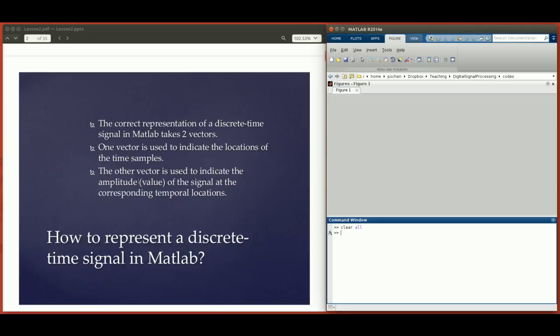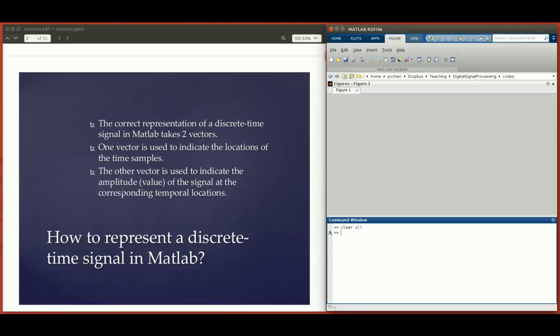And the other vector is basically used to represent the amplitude. So the amplitude of the signal could be positive, could be negative. For one-dimensional representation of a particular signal, for a scalar signal, for example, all you have is just an amplitude. It could be positive or negative. It could be any kind of value, right?